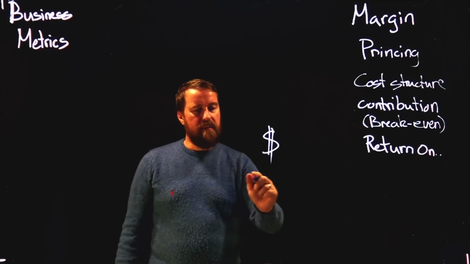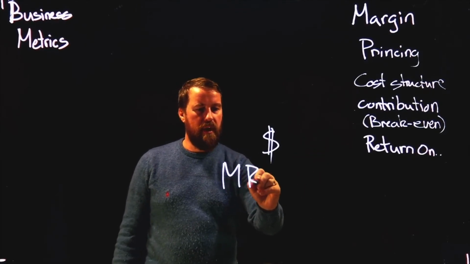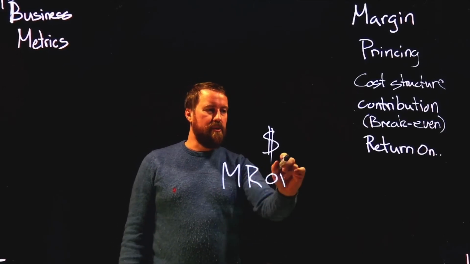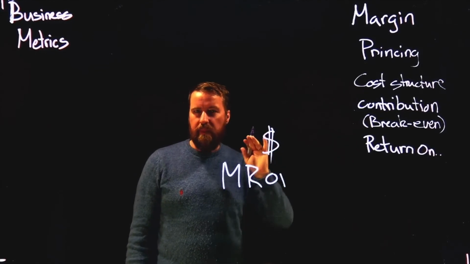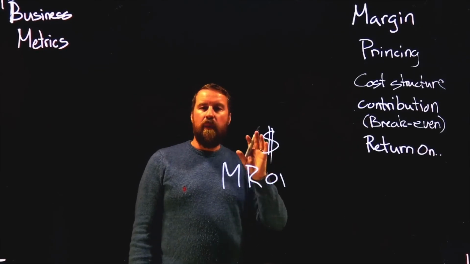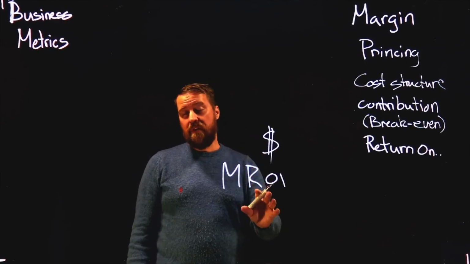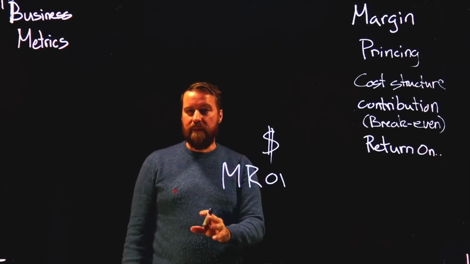What we also have, a special variation, is what's called the MROI, the marketing return on invest. And the old saying goes that when you spend $100 on marketing, $50 is working, $50 is a waste.